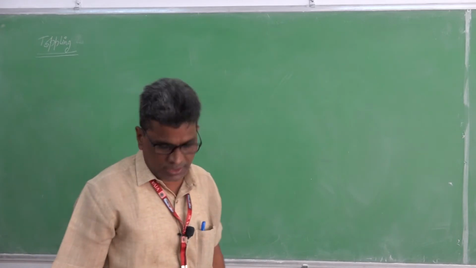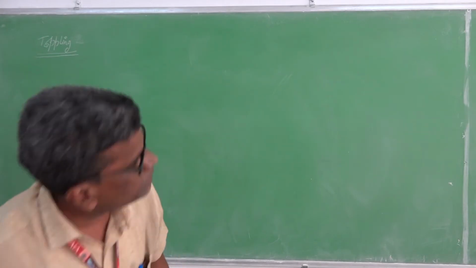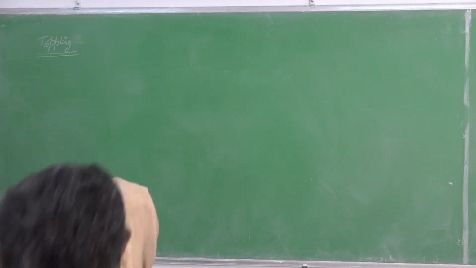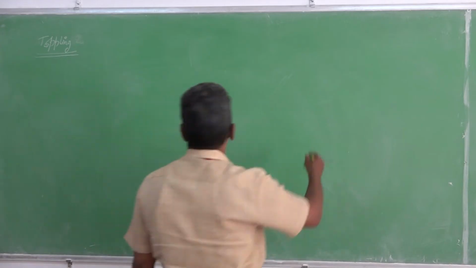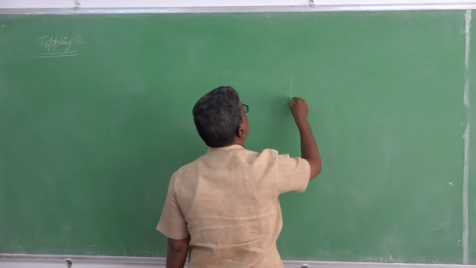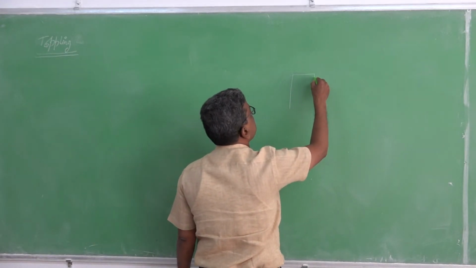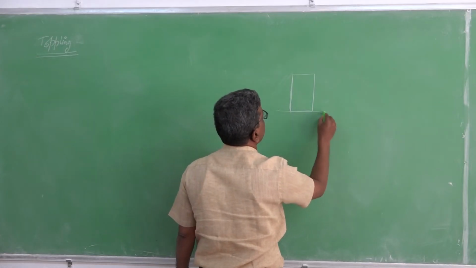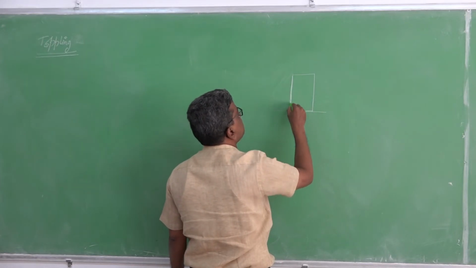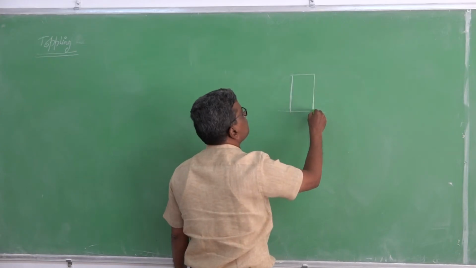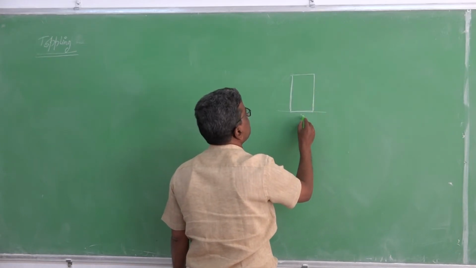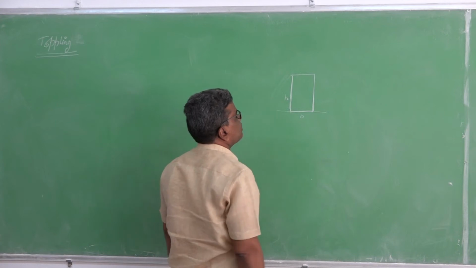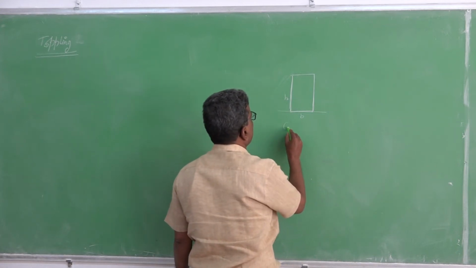Let us take this example. Suppose there is an object like this, placed like this. Its base is B and height is H. Suppose this is case A.